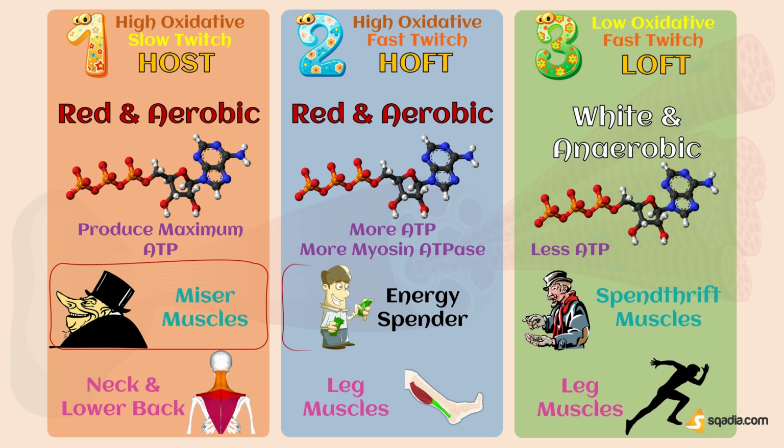Then we have hoft, high oxidative, fast twitch, which are spenders. Lastly, we have loft, low oxidative, fast twitch, which are spendthrifts.